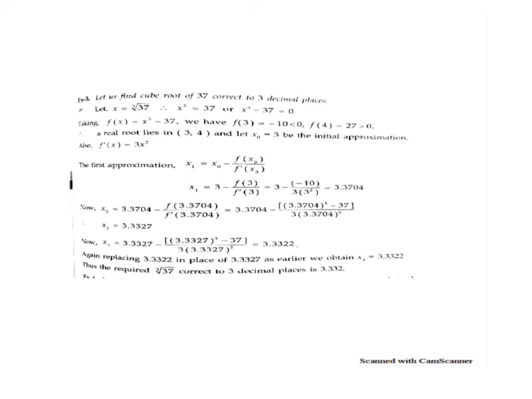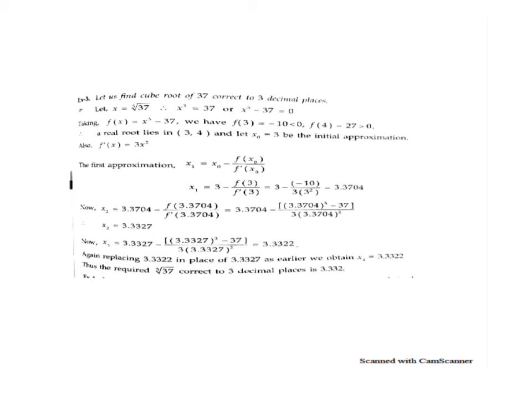So let us see what will be the value of the function at x equals 0. If you put x equals 0, x cube equals 0, so you will remain with minus 37. Now put x equals 1. 1 cube minus 37 is equal to minus 36. Again a negative value. Now put x equals 2.